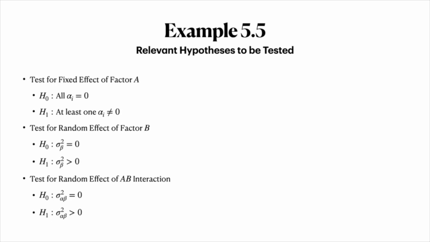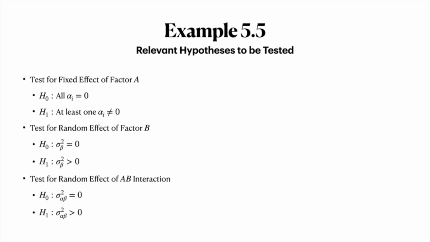So these are the three hypotheses we want to test. In the first test, the test for the fixed effect of factor A, the null hypothesis is that all alpha sub i's are zero against the alternative hypothesis that at least one of the alpha sub i's is not equal to zero.